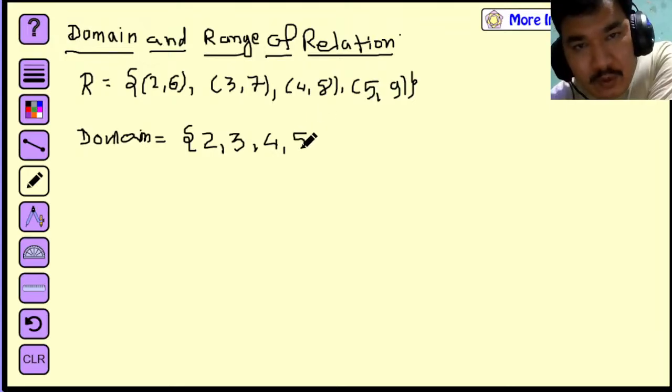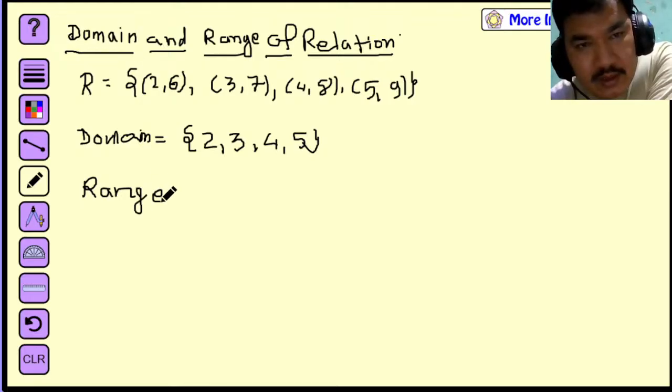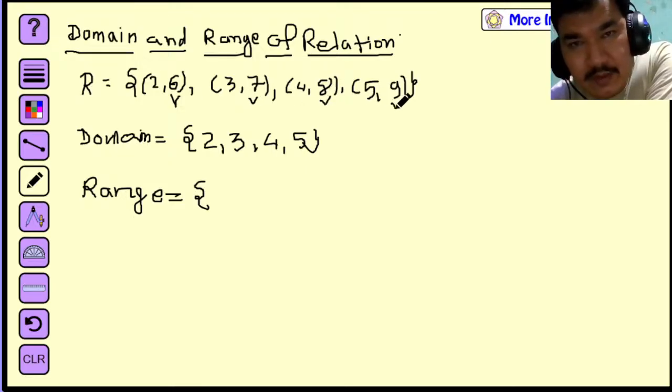Okay, when you take the first element from these order pairs, one set will be formed which is known as domain. And if it is asked to find range, range is also a set, which is formed by taking the second element of this relation. What will be the set when you take the second element? That is 6.